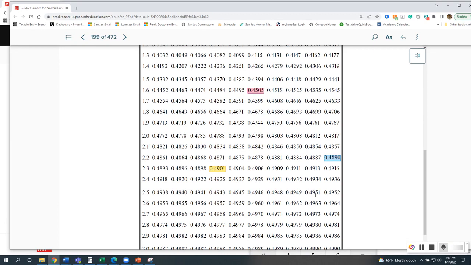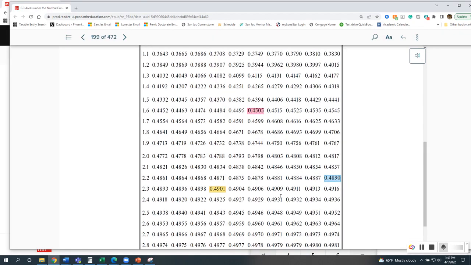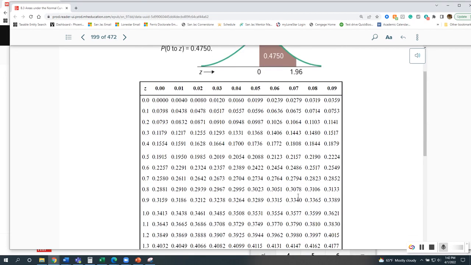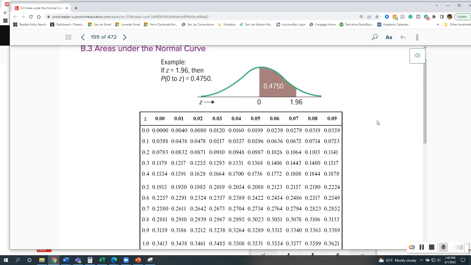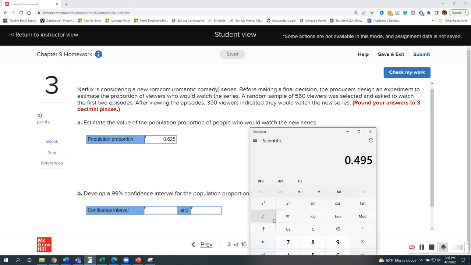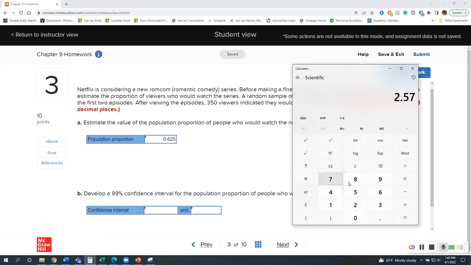So we're close right about here. About 2.57, according to ours. So our Z value is 2.57.